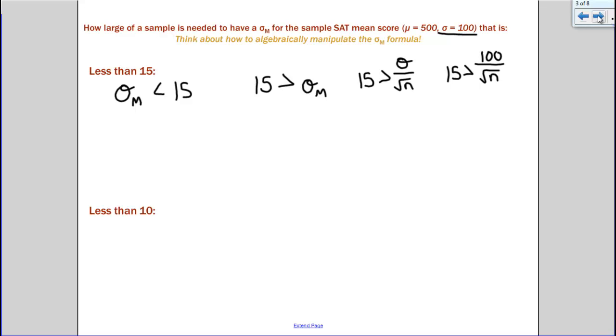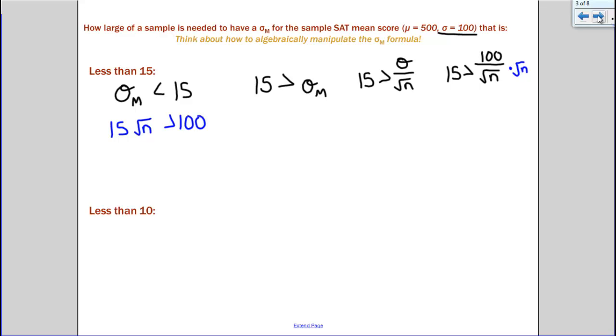So now you can algebraically manipulate this equation to get what you want. So we can multiply both sides by the square root of n to get rid of the denominator on the right side of this inequality. So we'll end up with 15 times the square root of n is greater than 100.